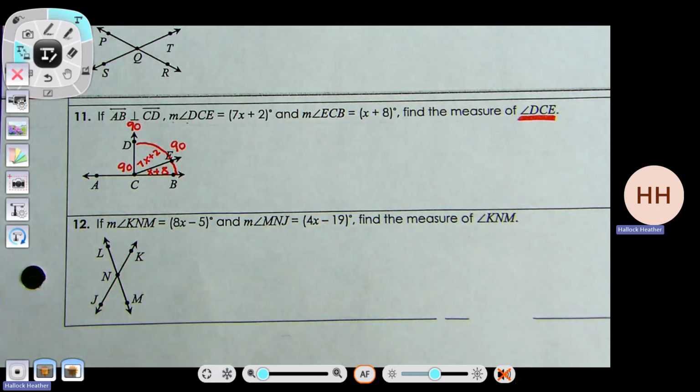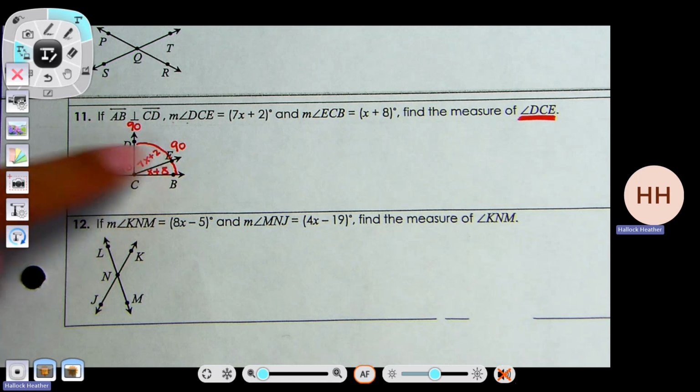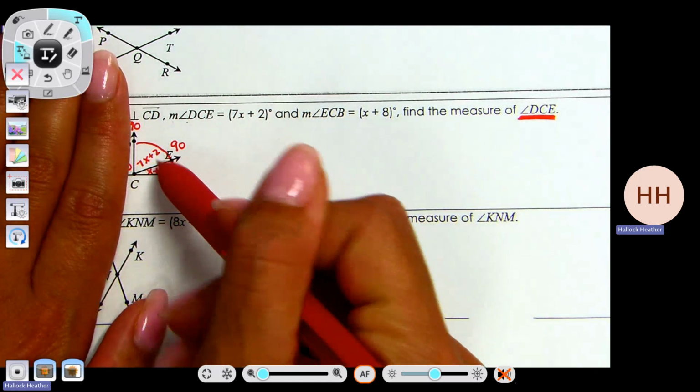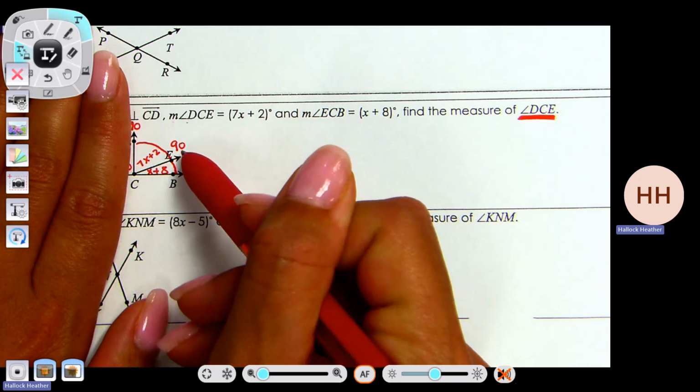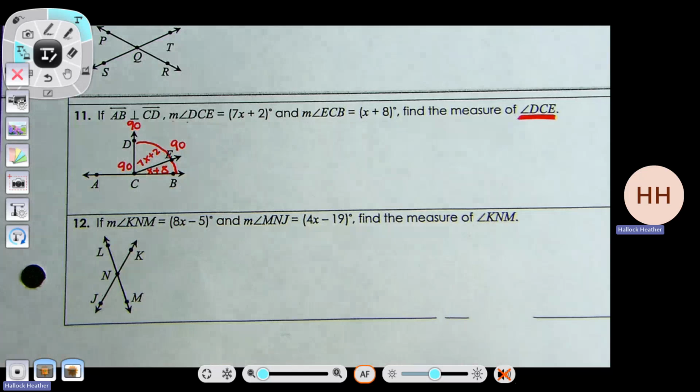So there's two ways to solve this. We need an algebra 1 equation to solve for x. So what is something I could do? Yeah, so I could just look at this half and add them, just like I did at the beginning of this week, and set it equal to 90. Does anybody know the other equation you could technically do for this problem?